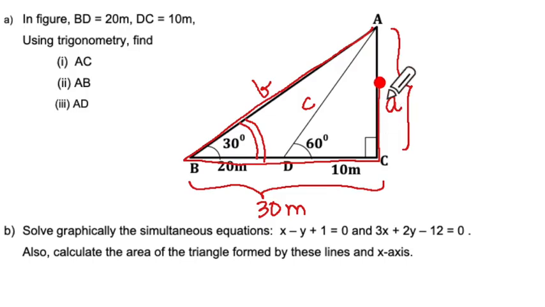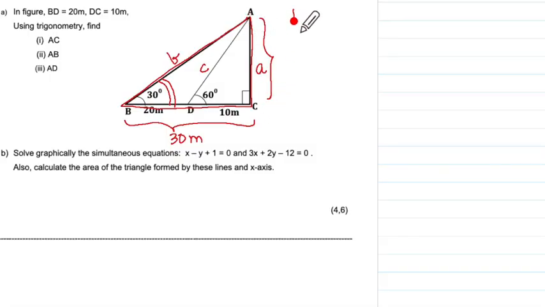Which one? ABC. So we will say in right triangle ABC, for 30 degrees, this is opposite and this is adjacent. So this is a tan ratio of AC upon BC.